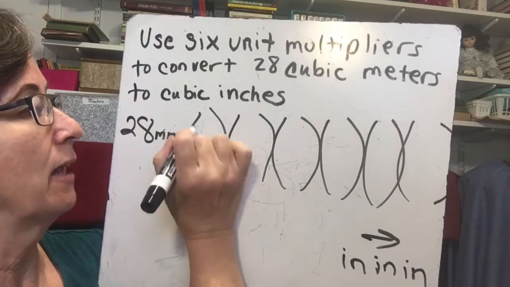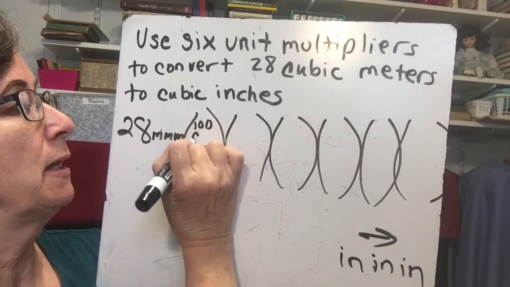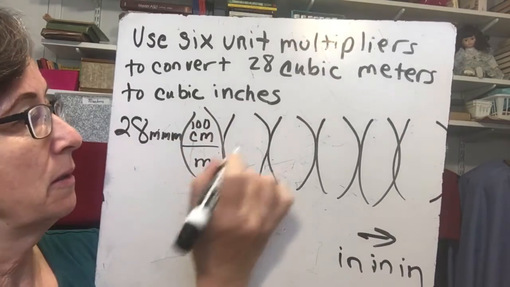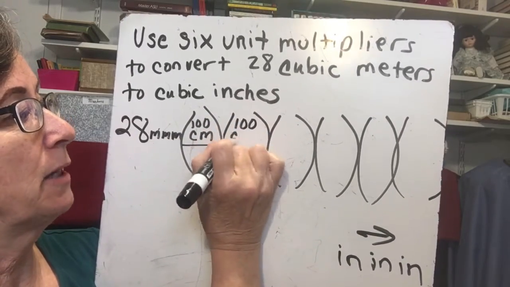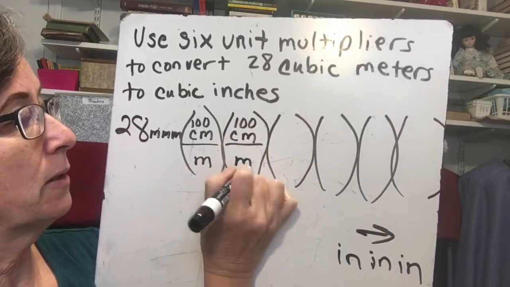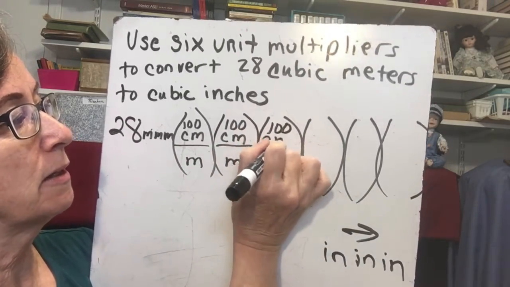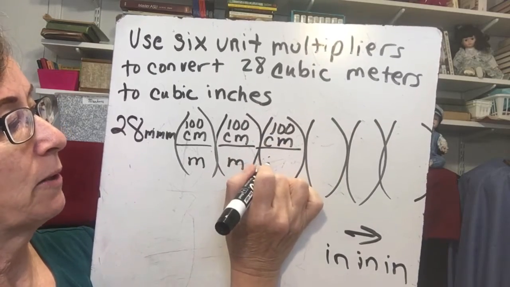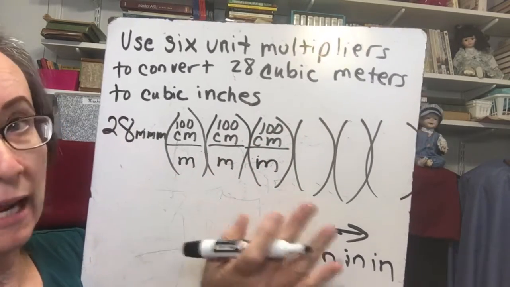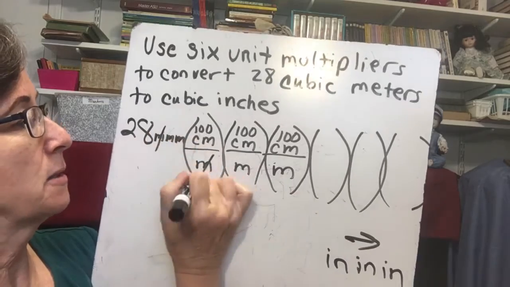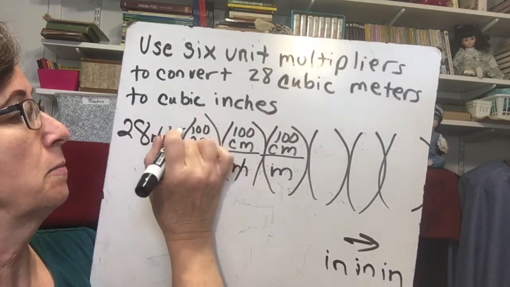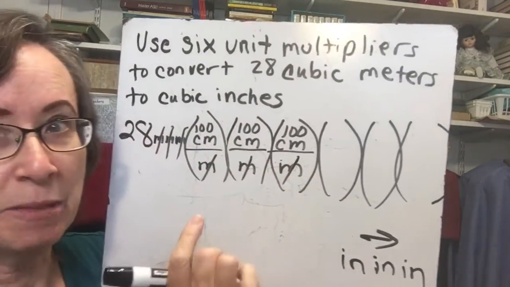So we're going to say 100 centimeters is 1 meter, because we have 3 of these to change. Okay, so now meters cancels meters, meters cancels meters, meters cancels meters, and we're left with centimeters cubed.